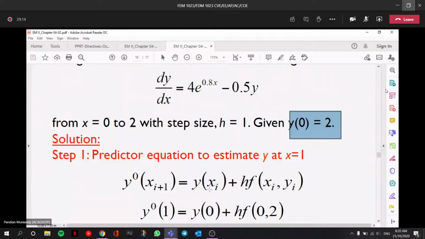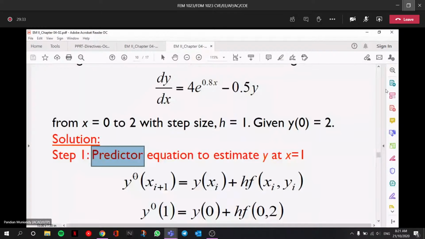You can see here. So don't forget to put y0, because this is about the predictor. When we see y superscript naught, that means we know this is the predictor.